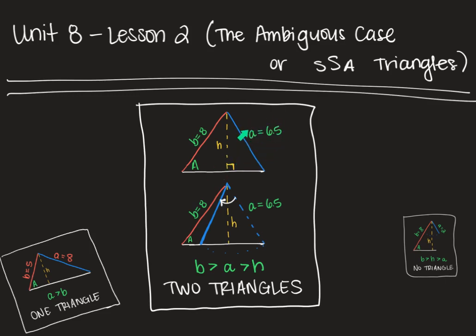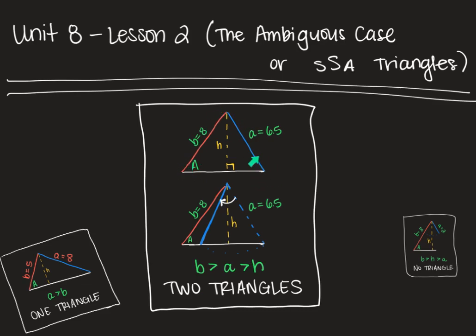This side length A is longer than that height of the triangle, but it's shorter than side B. So side A is in between the lengths of the height of the triangle and the adjacent side, or the side next to the given angle.